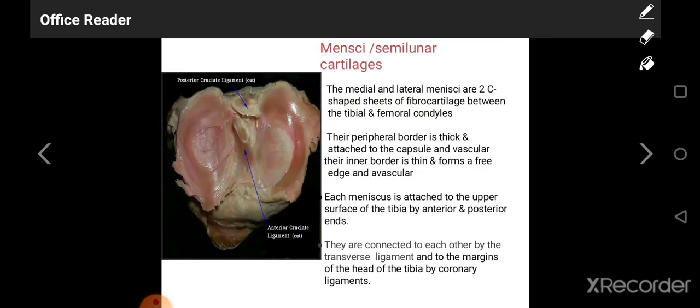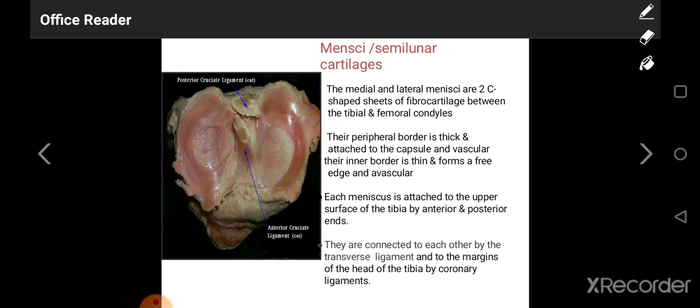So the next supporting structure for the knee is the meniscus. These are also known as semilunar cartilages because of their appearance. Medial and lateral meniscus, these are two capital C-shaped sheets of fibrocartilage lying between the tibia and the femoral condyle.